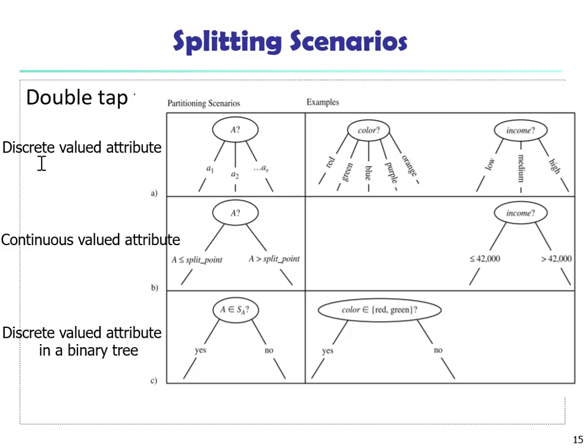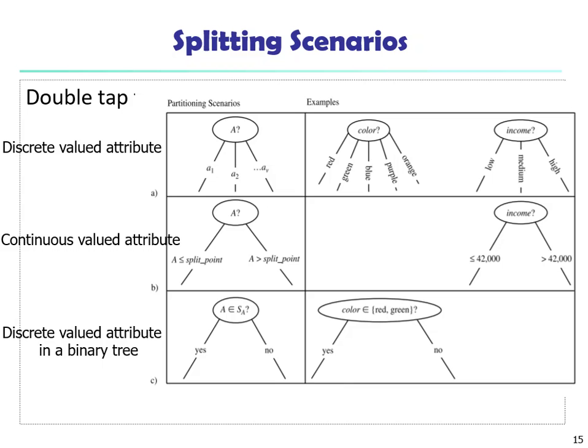If you have discrete valued attributes, there are two ways that you can partition those. You can, based on the discrete value of this attribute, create a multi-branch partition. So for example, for color, we can have red, purple, blue, orange, and every color creates one branch.